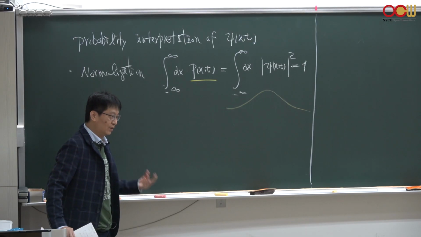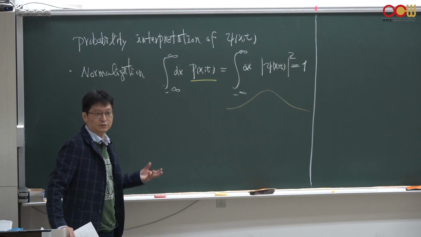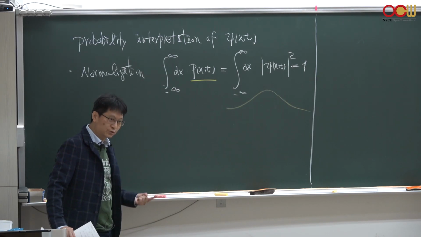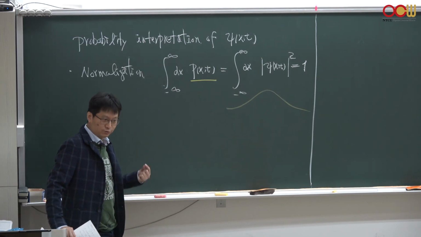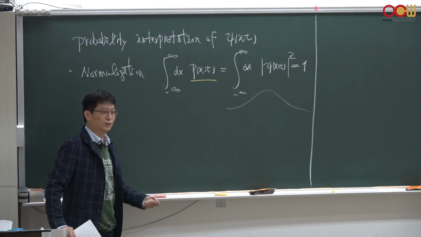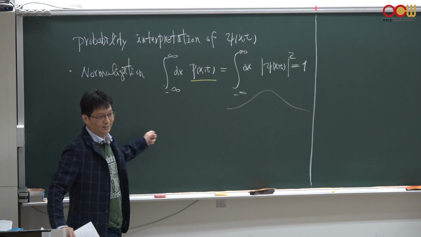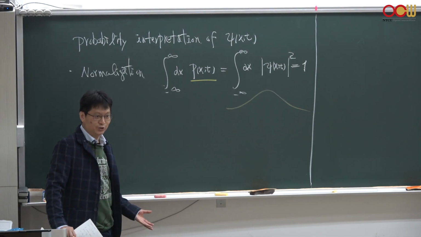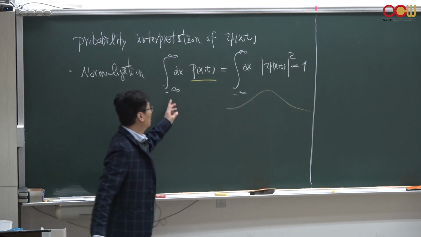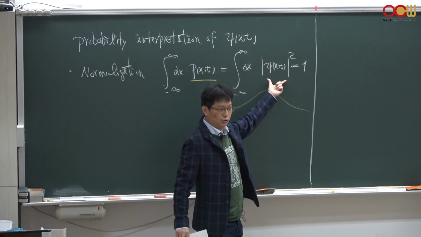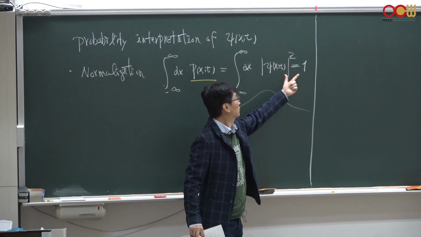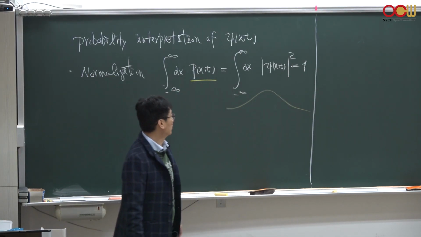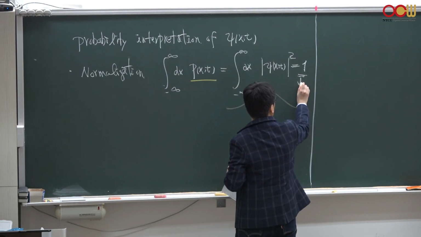So finding the particle in the universe is something that is for sure. It's not here, it's not there, but sooner or later it will show up. If you sum over all the probability distribution function, you must find this normalized value 1.